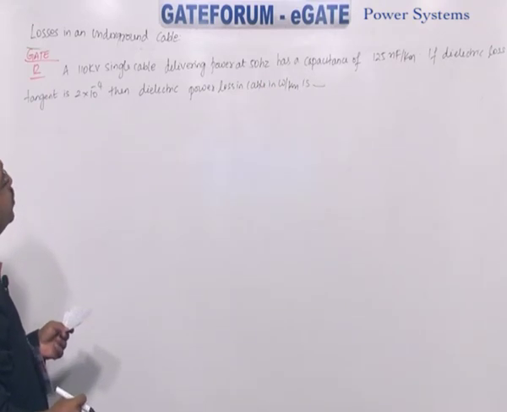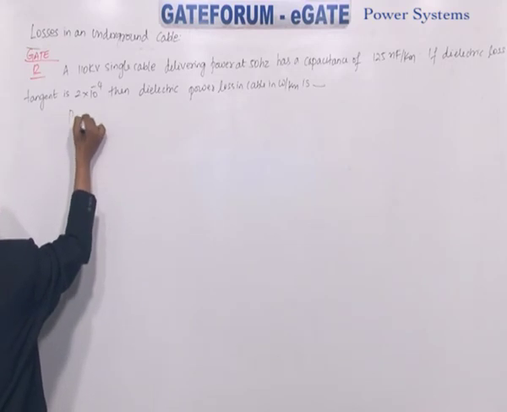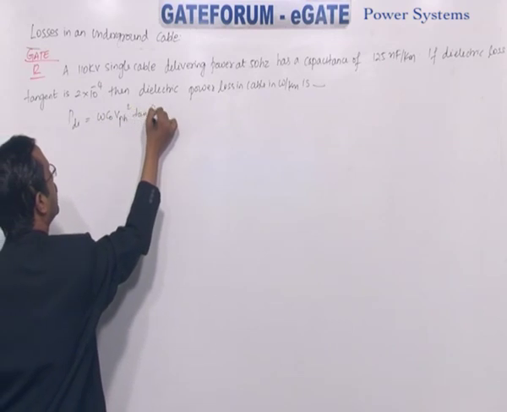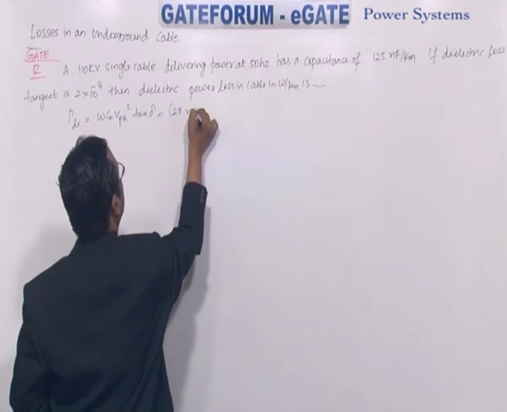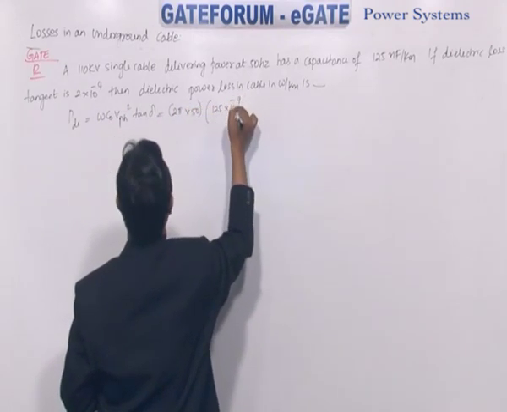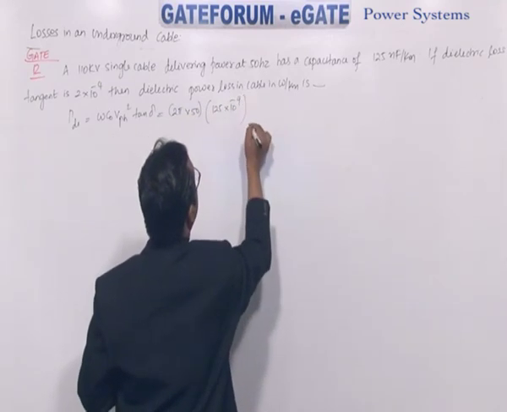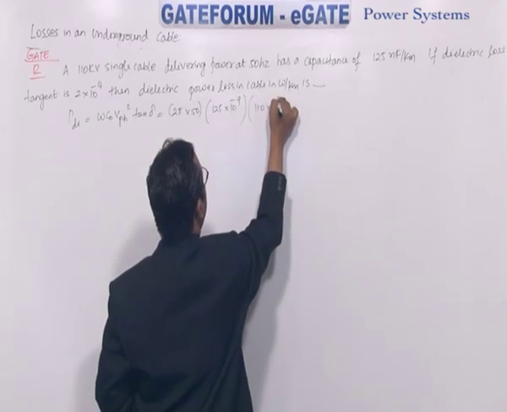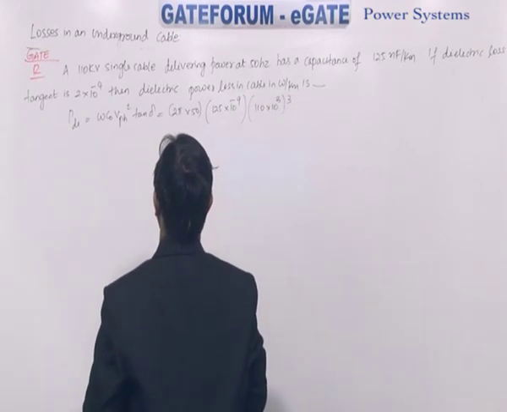So this is how you have to calculate here. You know the formula for the dielectric power loss, omega C naught V phase square tan delta. What is omega? 2 pi f. C naught is 125 nanofarads per kilometer, as it is. What is the phase voltage? Here it is a single core cable, so represent it as it is, not divided by root 3.